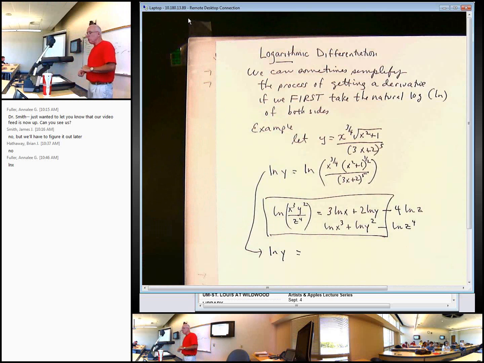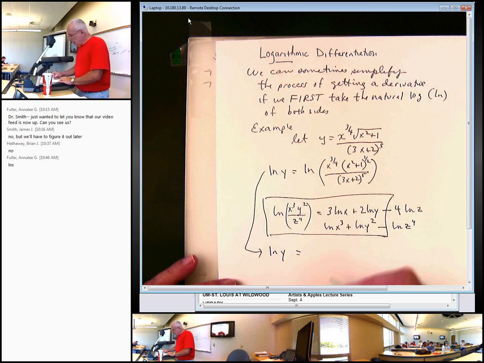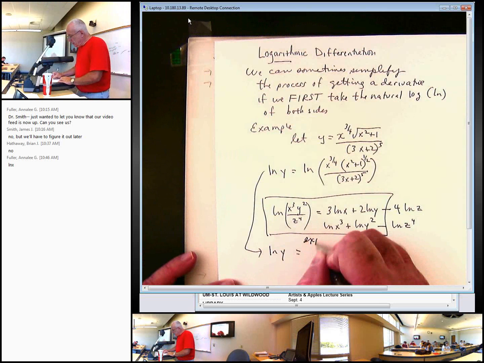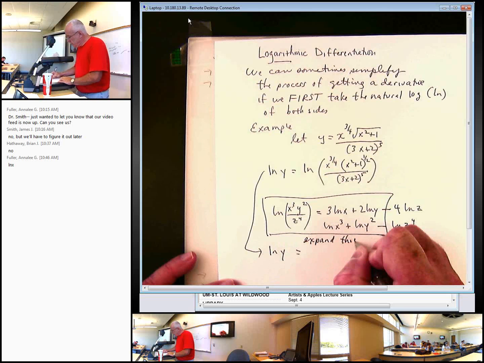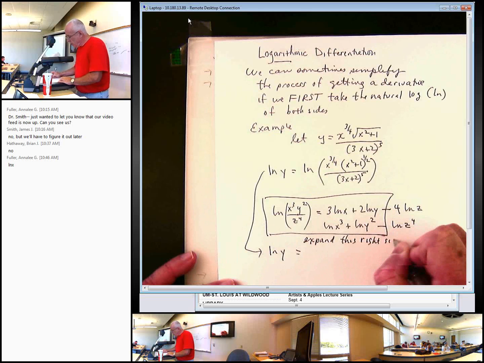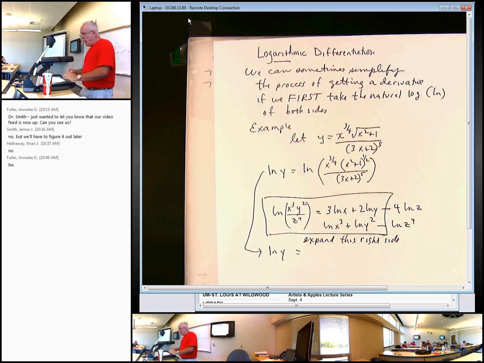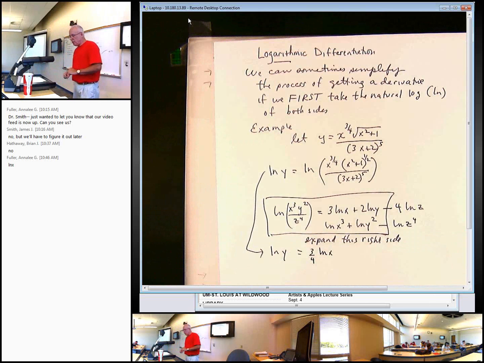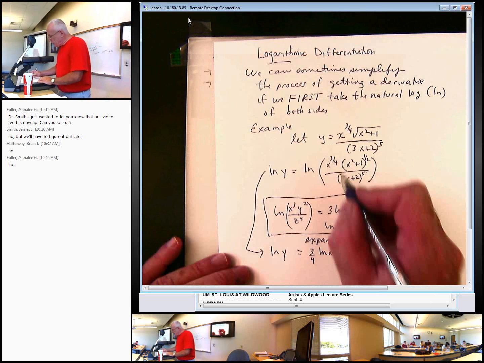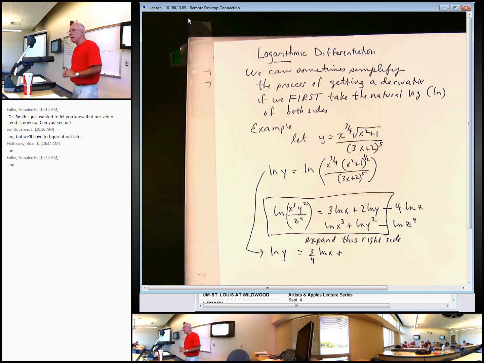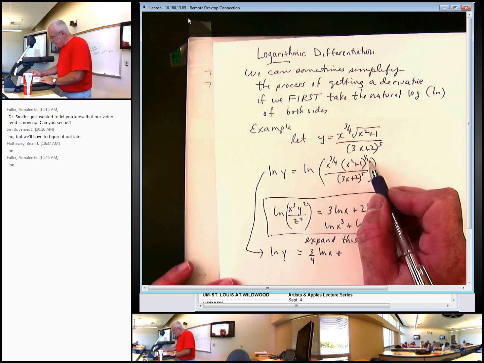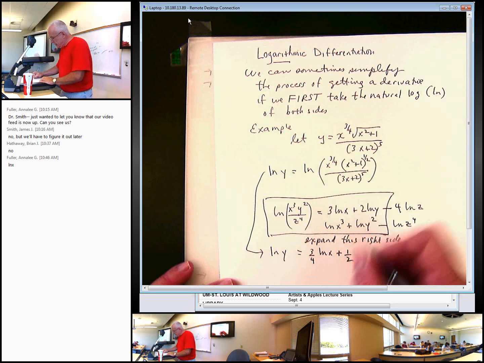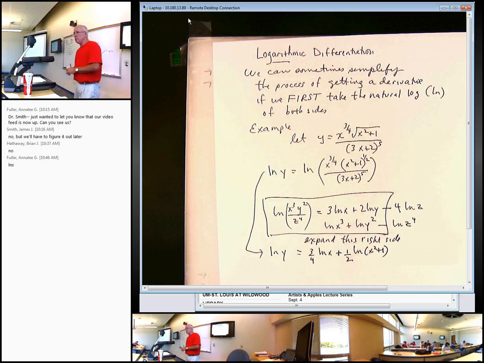So we have the natural log of y is equal to, now let's expand this right side. Okay, I've got this exponent of 3/4, let's put it in front, times the ln of x. Then, because these are multiplying each other, I'm going to have a plus sign. And then I can take down this 1/2 here as an exponent times the natural log of x squared plus 1.